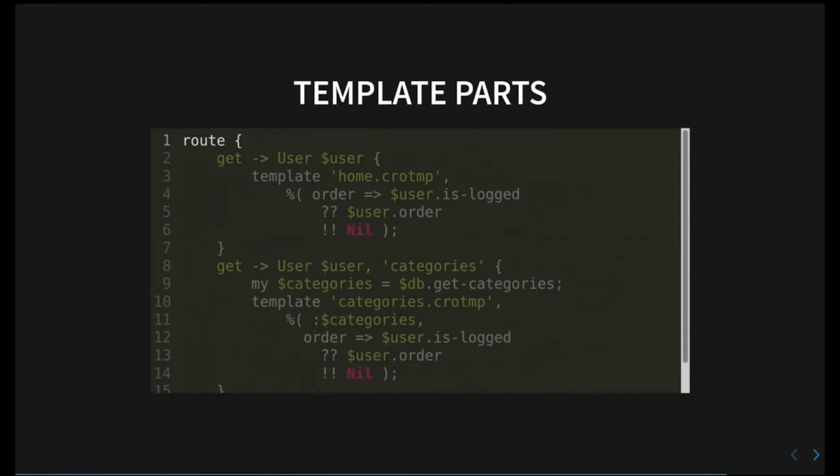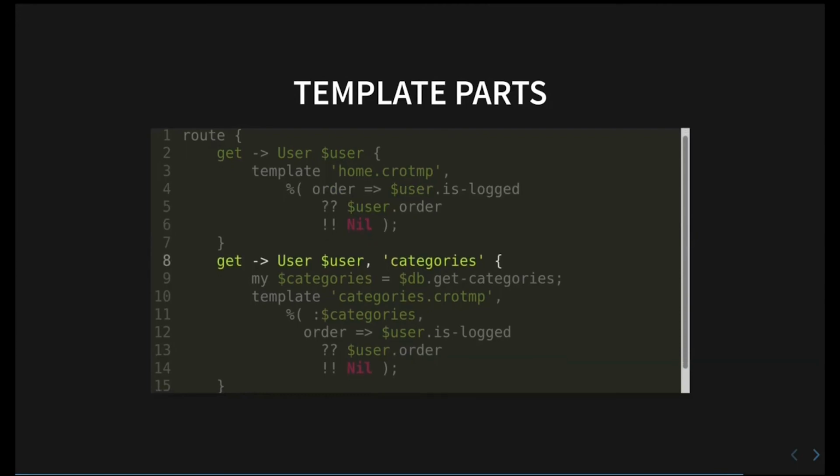This code assumes you have some basic understanding of the Cro router. So first we have our first route. It serves the home page and demands some authentication into the code object. This handler calls a template and asks if the user is logged in or not. If so, their order is passed to the template, but otherwise a Nil is passed.